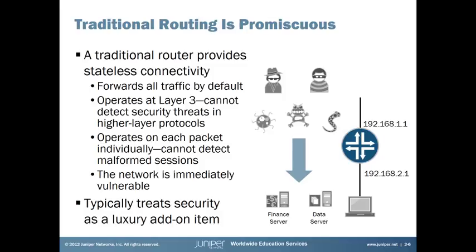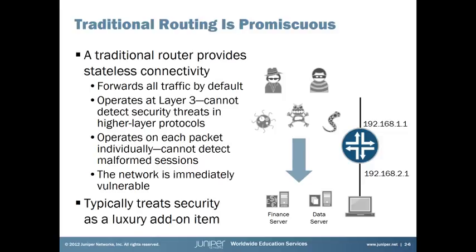The point of a router is to forward traffic as fast as it can. What we're interested in is speed. We want to get traffic through the internet. We're going to provide connectivity, and we want to provide that as fast and as efficiently as we can.